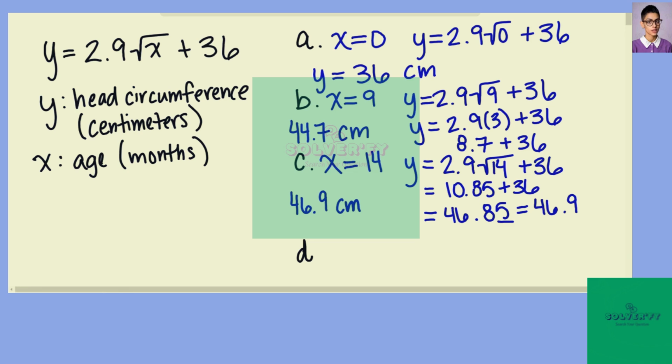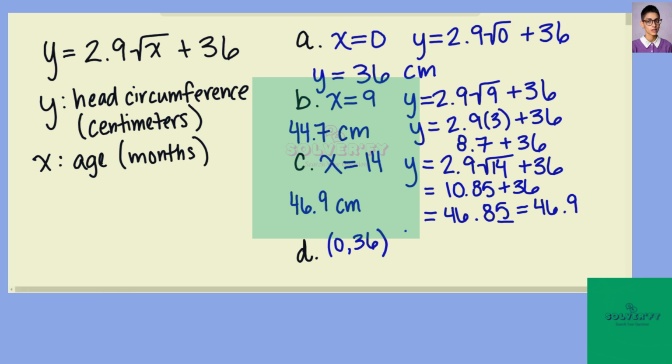Finally, for prompt D, we are going to use the values that we obtained in the previous parts A, B, and C to determine which curve the given model fits. So we could think of those as ordered pairs. For part A, we would have the ordered pair 0, 36, because at age 0, the head circumference is 36 centimeters.